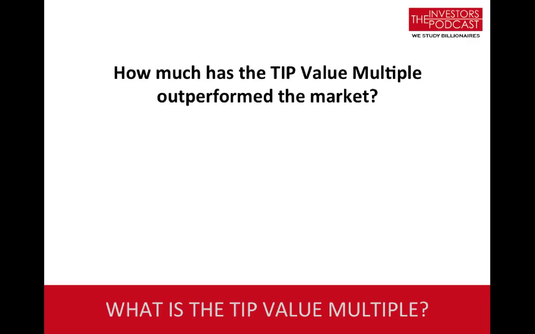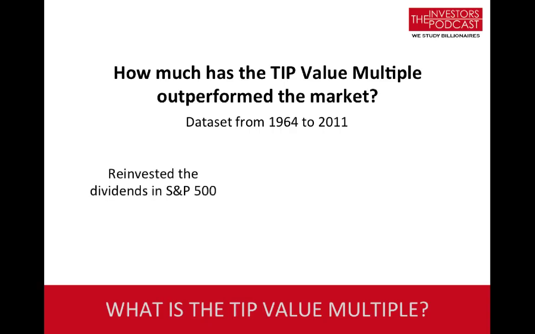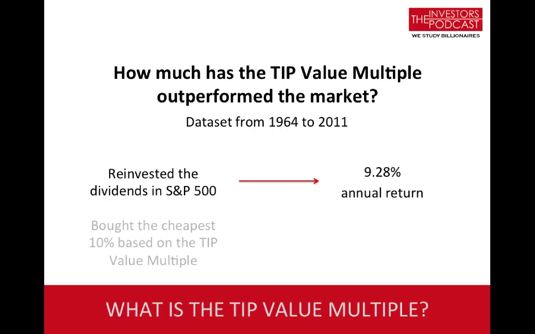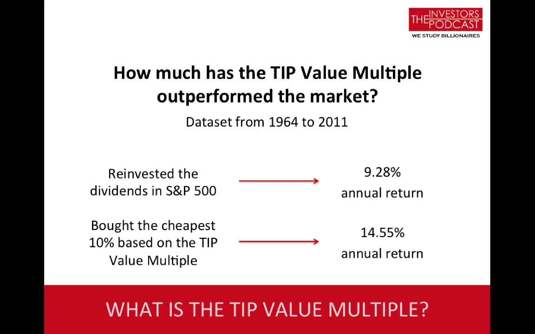Well, if we look at a huge dataset from 1964 to 2011, the S&P 500 returned 9.28% annually if we reinvest the dividends. If you, on the other hand, bought the cheapest 10% based on the TIP value multiple, you would achieve a 14.55% return, or more than a 5% outperformance.